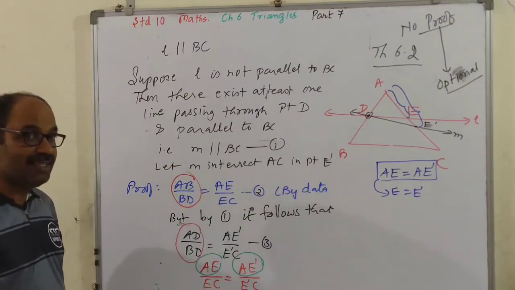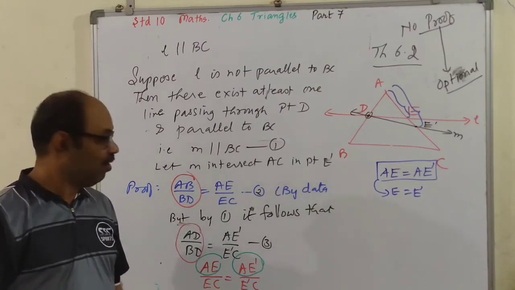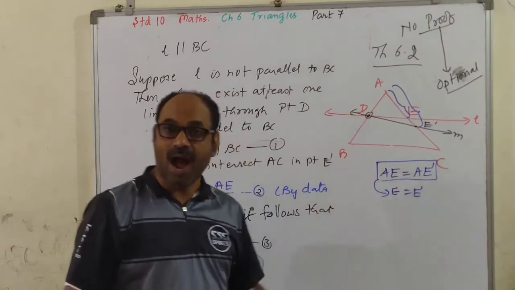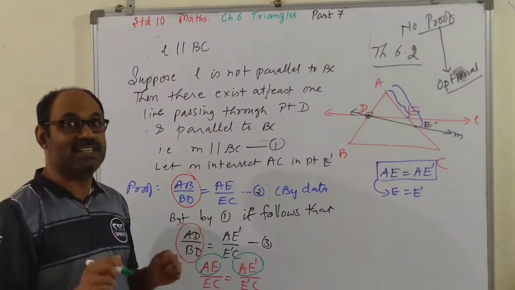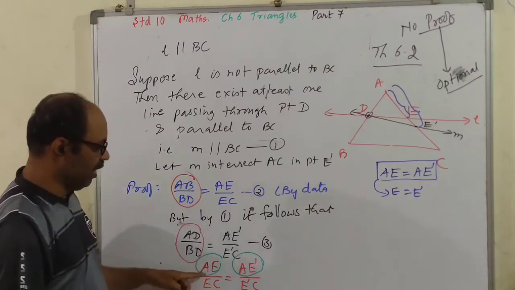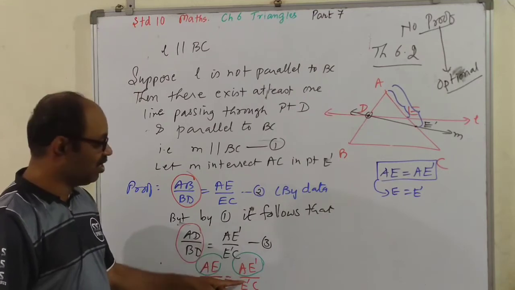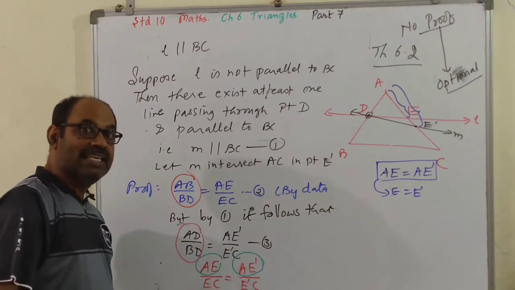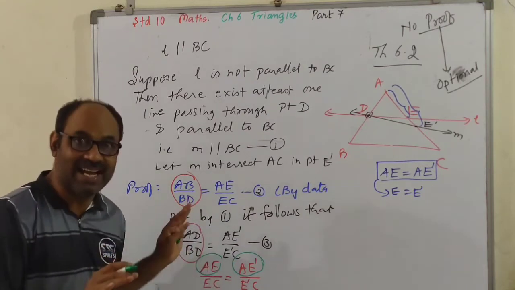Now recall the property of invertendo. AE and AE dash are to be retained. They should not change. If I use componendo, AE plus EC upon EC is equal to AE dash plus E dash C upon E dash C. So EC and E dash C remain and what we want will change.